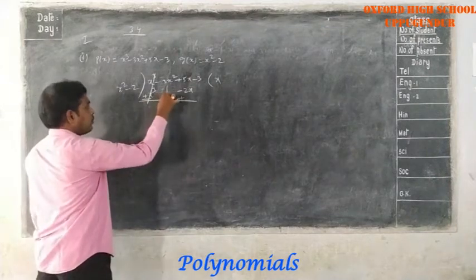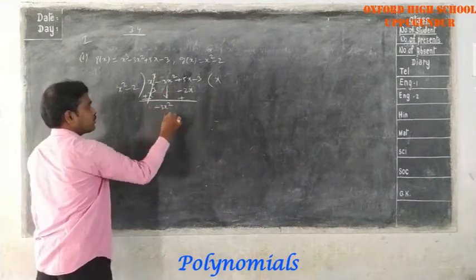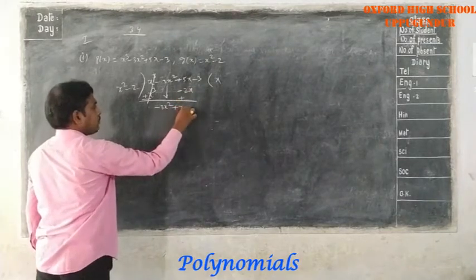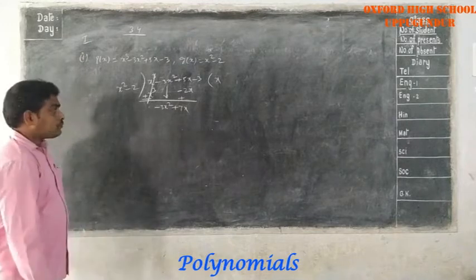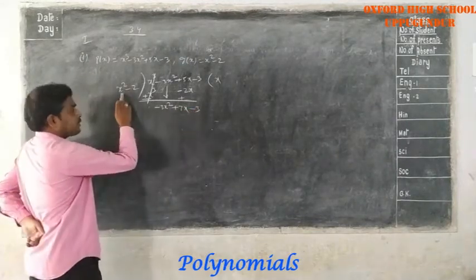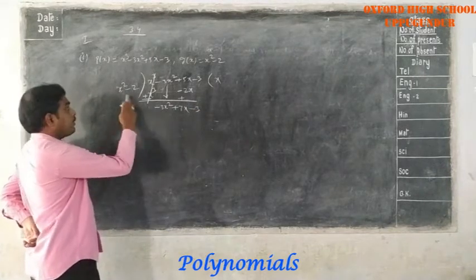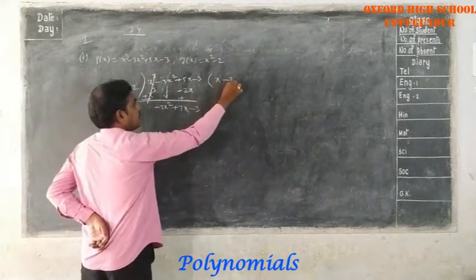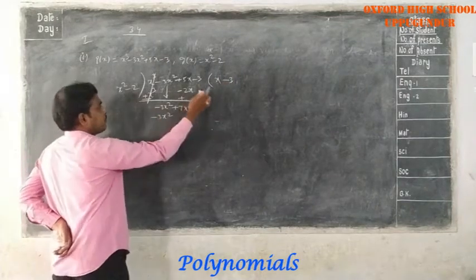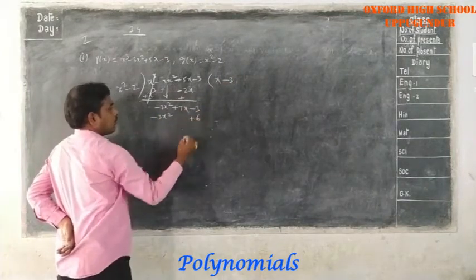Now next term you have to write, minus 3x square plus 5x plus 2x, plus 7x minus 3. Now x square, minus 3x square by x square, you get minus 3. So minus 3x square, minus 2 into minus 3, plus 6.